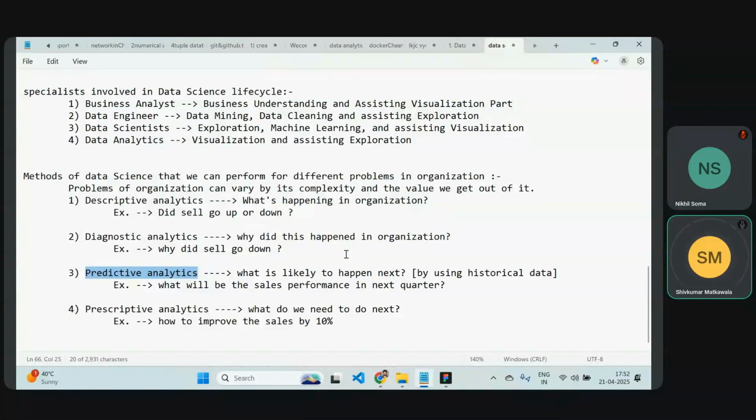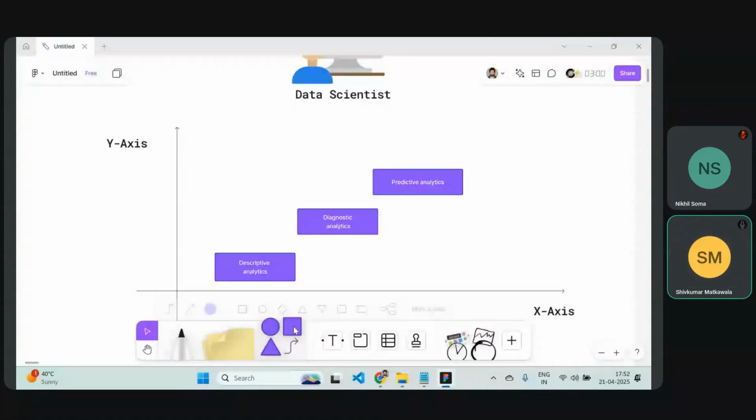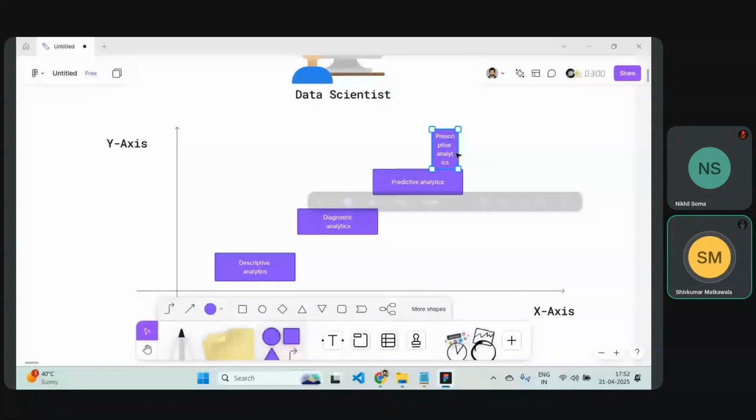I want to improve my sales by 20%, 30%. And here is prescriptive analytics.